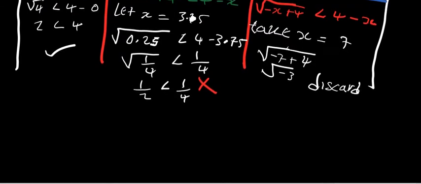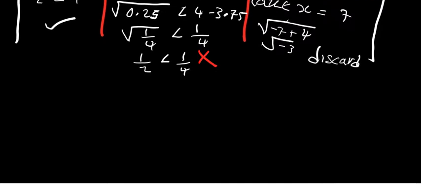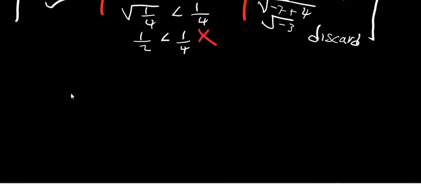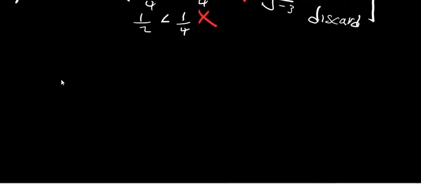That's the question that most of us are trying to ask. So the solution set in this case is very simple. The solution set in our case is just x is less than what? 3.